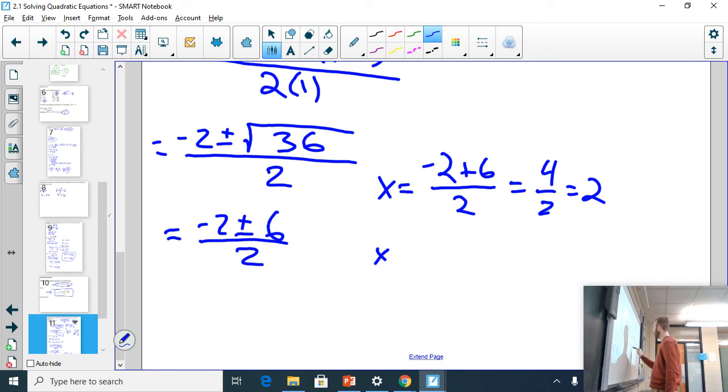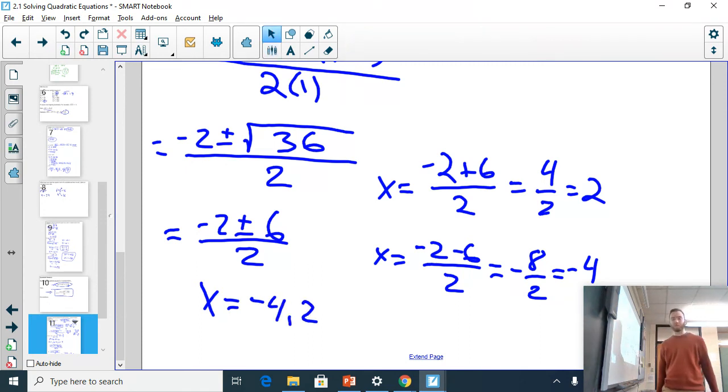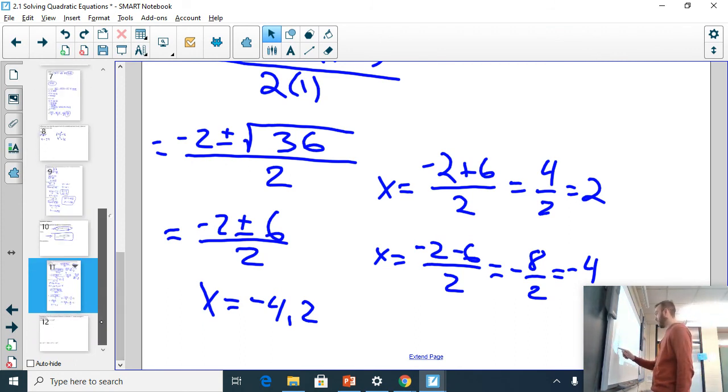And then our other one is negative 2 minus 6 all over 2. So that's going to be negative 8 over 2, or negative 4. So our two answers would be x equals negative 4 and 2. And that one is really just plug and chug. So you might want to work on that.